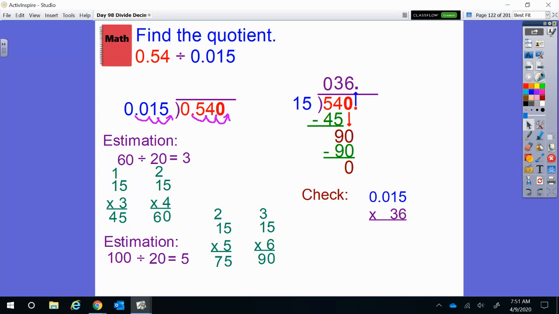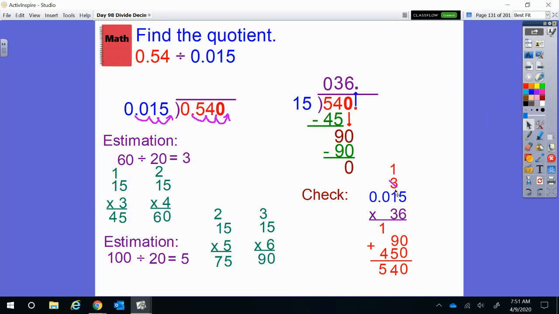So now you double check. 36 times 15,000, 6 times, just standard algorithm multiplication. Don't change anything yet. You only have to worry about the decimal point at the end. Don't worry about it now. Just know where it is. Don't lose track of it. Know where it is. So now we just add 54, 540.